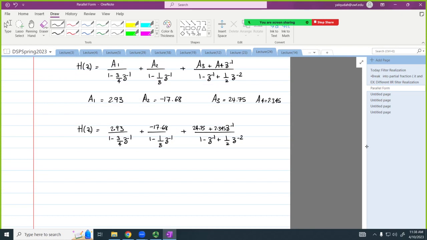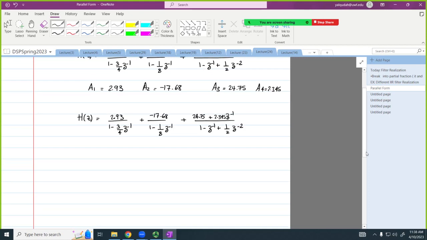Now we're going to also combine these together. These combined are going to be negative 14.75 plus 12.9 z to negative 1 divided by 1 minus 7/8 z to negative 1 plus 3/32 z to negative 2, because we could have kept each one alone, and we can also combine them together.